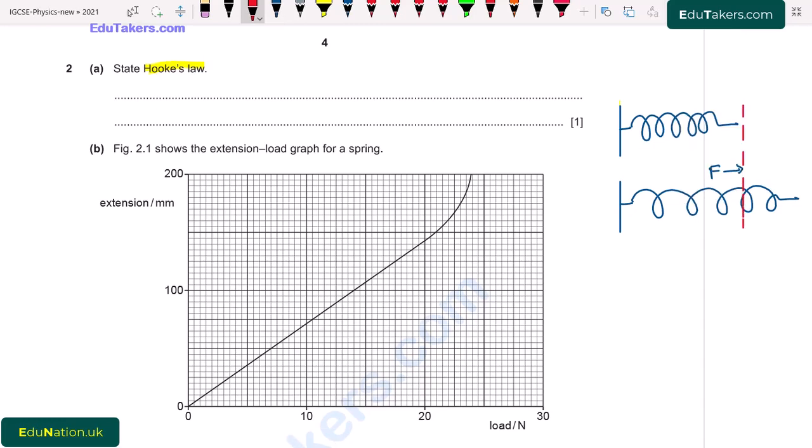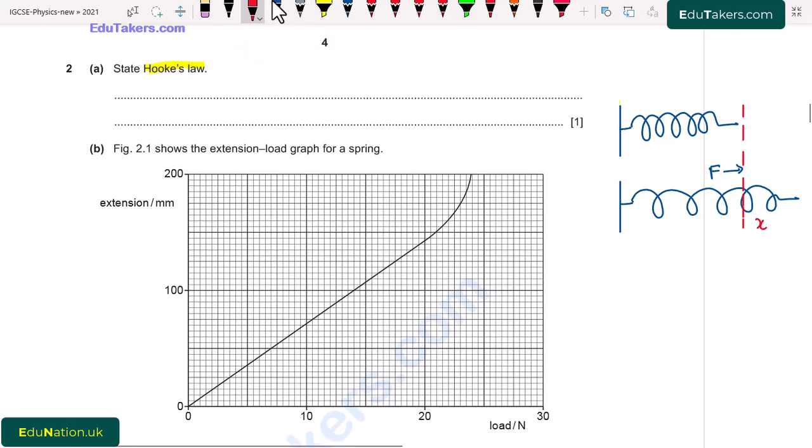It means that when you apply a force, then the spring extended. So this extension is basically represented by X, and Hooke's law is defined as the force that I applied is directly proportional to the extension.